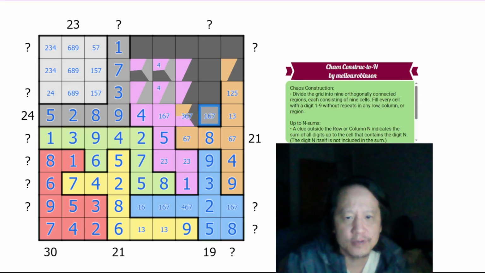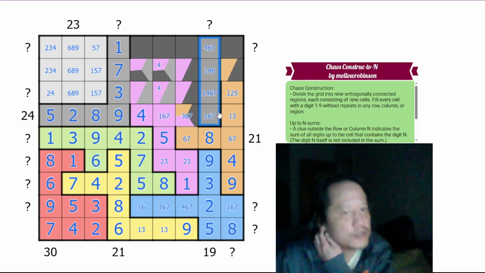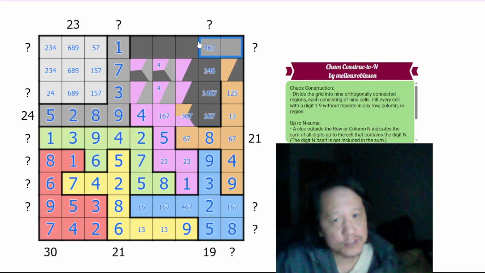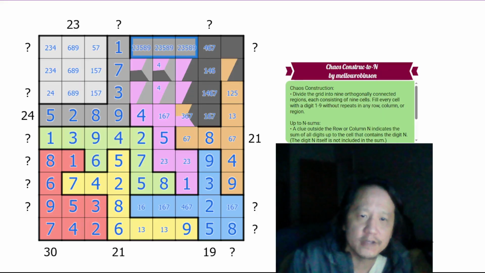This can't be 3. Remaining digits in column 8: we have 1, 4, 6, 7. This can't be 1, no 7. So we have a guaranteed 1, 4, 6, 7 in the dark region. That eliminates 1, 4, 6, 7 in the rest of the region. So this must be 2, 3, 5, 8, 9.